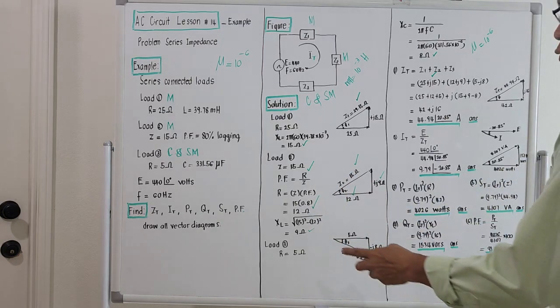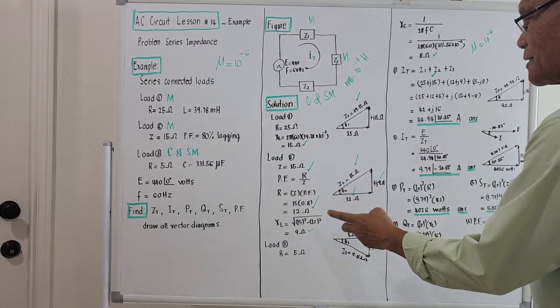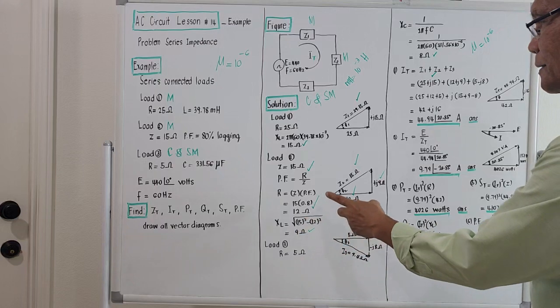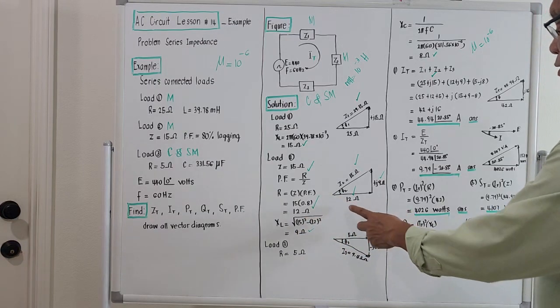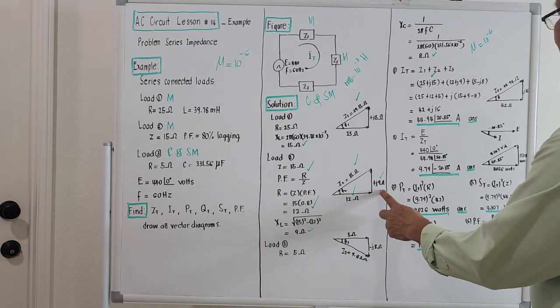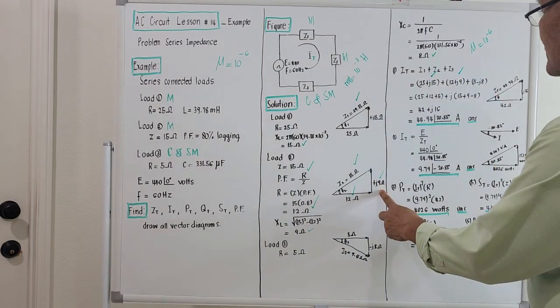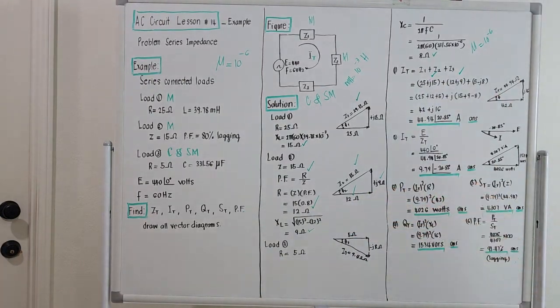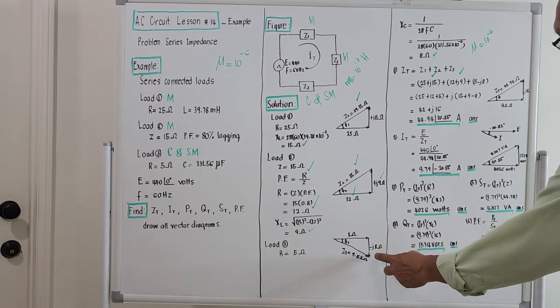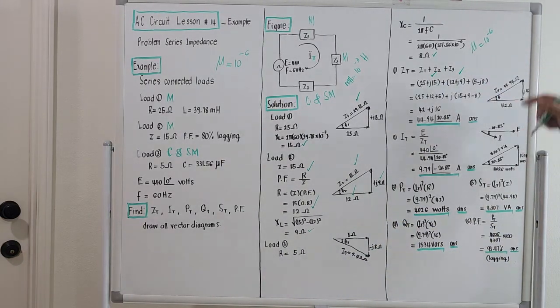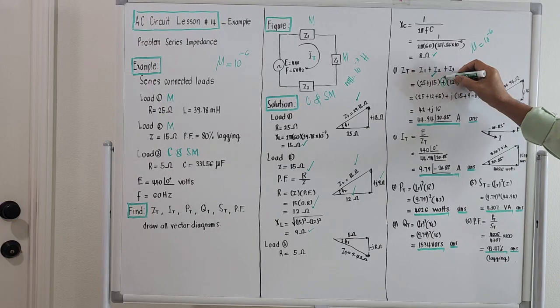Z2 will be 12 plus j9, where the value of R is actually 12. And Z3 in rectangular form is 5 minus j8. The operation is addition, right?